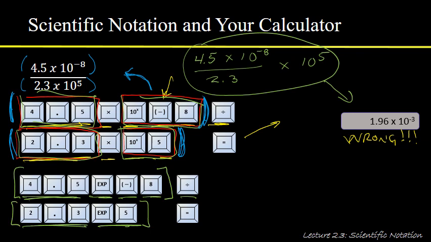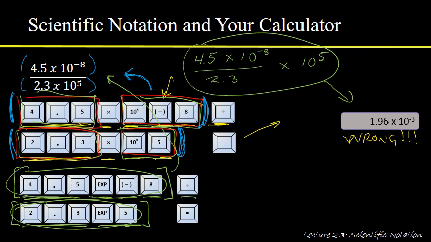And so it automatically is going to interpret this set of keystrokes as meaning that. Without using any parentheses, it's always going to keep that part together and that part together, and that's really important.